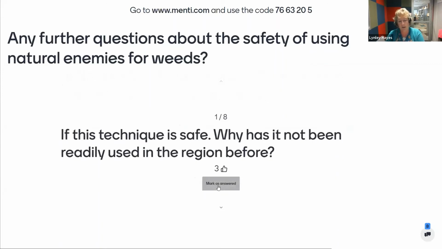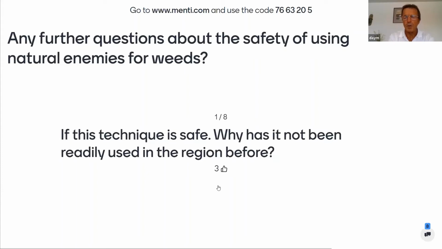If this technique is safe, why has it not been readily used in the region before? Well, Michael gave some statistics in the first session about how many countries in the Pacific have done this. Have you got those at your fingertips, Michael? Yeah. So using natural enemies against weeds has been in place for over 100 years. Fiji was the first country after Hawaii to introduce natural enemies, and that was done in 1911.